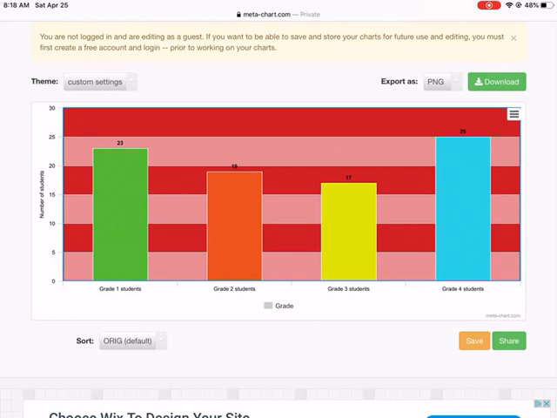If a question was to ask you which grade level has the most students, you would say it would be grade 4, because not only do we know 25 is bigger than the next closest 23 or 19, but let's say there wasn't the numbers there, you could see that in grade 4 that giant light blue pillar is taller than the others.